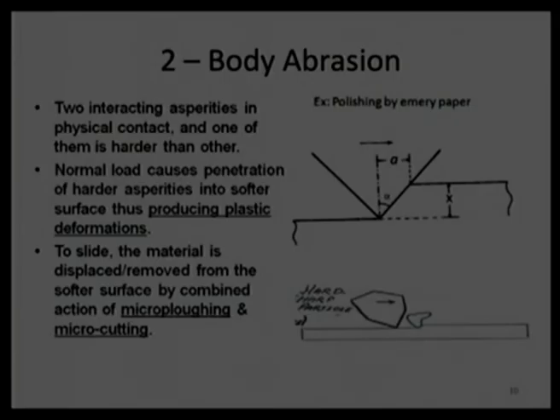There are two options. The soft material gives a path to the harder asperity, displacing the material to the other side. Another possibility is that the material is completely removed from the surface. If a harder asperity is coming, material is simply getting detached from the surface. Both possibilities are there.